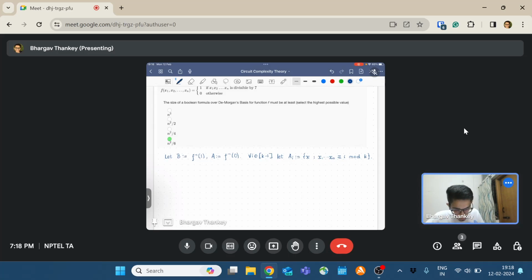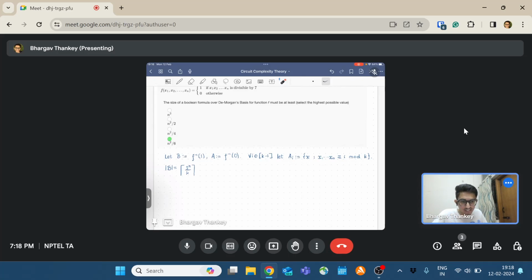Okay, fine. Now what's the size of B? 2 to the n over k. This would be a ceiling because you have to start counting from zero. For example, for 7, let's say n was 3, then if you looked at floor, it would be 1, but if you look at ceiling, it's 2.